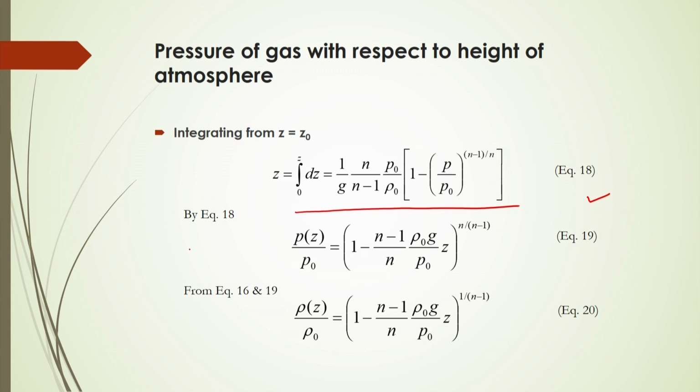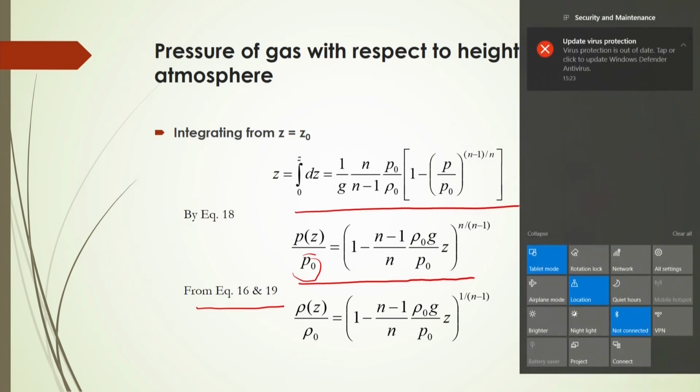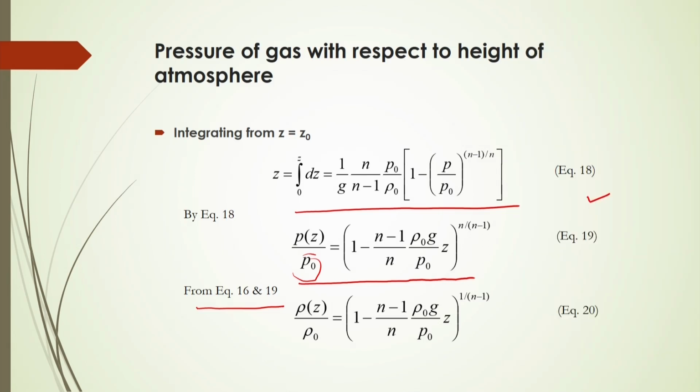By equation number 18, we finally have the relationship of P at a certain height relative to atmospheric pressure, which is equal to 1 minus (n minus 1)/n times ρ0 g by P0 times z, to the power n by n minus 1. From equations 16 and 19, we can combine and represent equation 19 in terms of density.